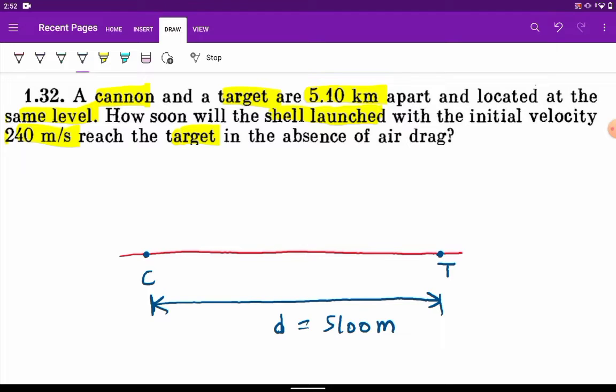How soon will the shell launched with the initial velocity 240 meters per second reach the target in the absence of air drag?